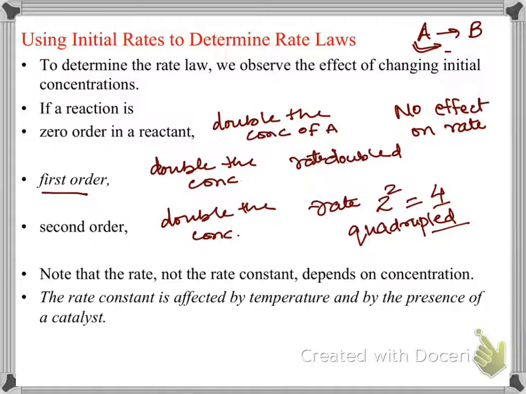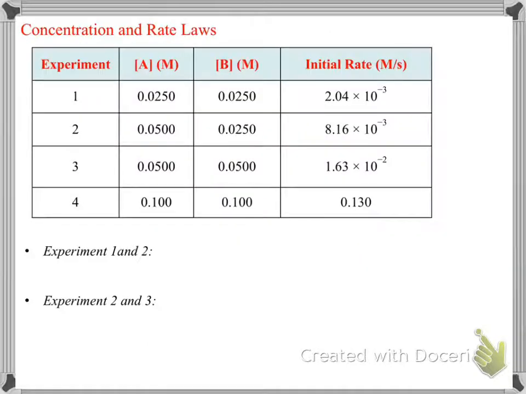Now, the rate, but not the rate constant, depends on the concentration. This rate constant, which we denoted by k, is affected only by the temperature or by the presence of a catalyst. Look at this question. You're going to do a very similar experiment in the lab.